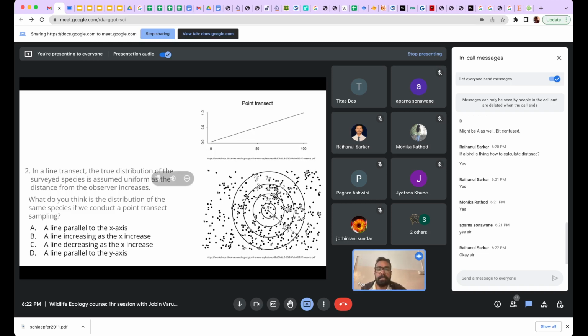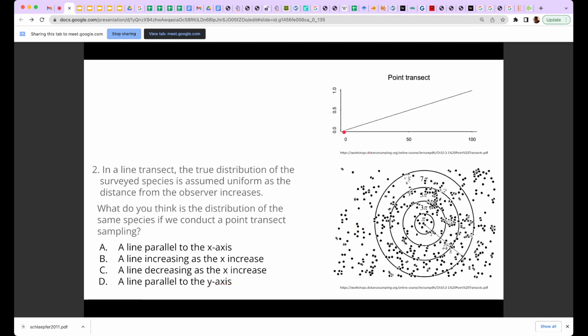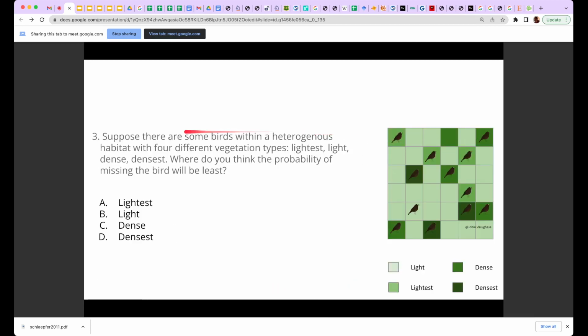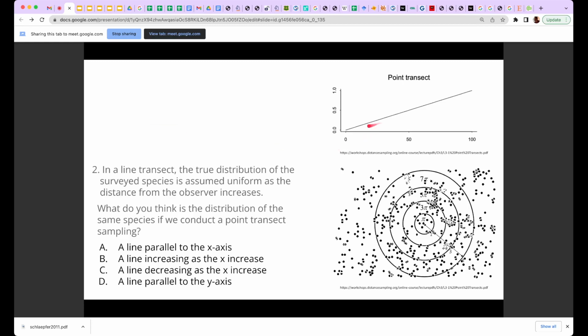So from the observer, if you keep increasing the distance, the number of birds is increasing. Do you get my point? So the answer is the line increasing as the x increases. B.